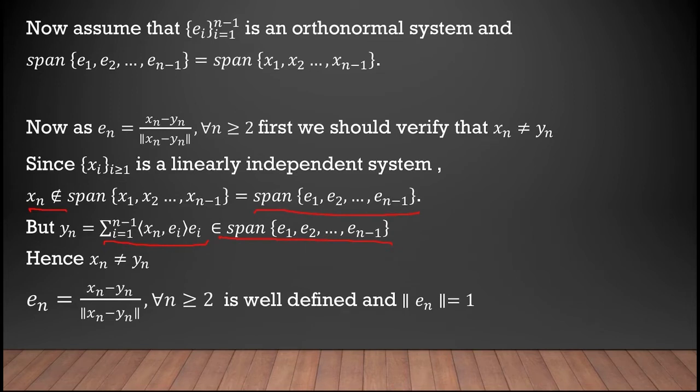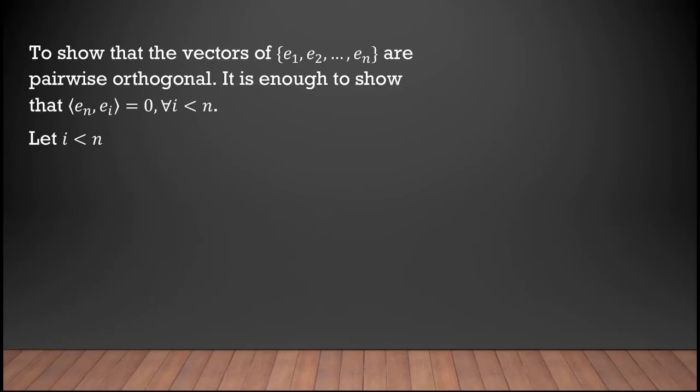Okay. Also it is clear that the norm of en will be the norm of xn minus yn divided by the norm of xn minus yn, which is the same as 1. Now to complete the proof, we have to show that the vectors e1, e2, etc. en are pairwise orthogonal.